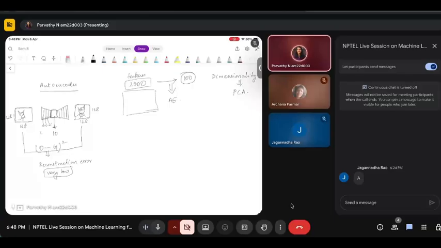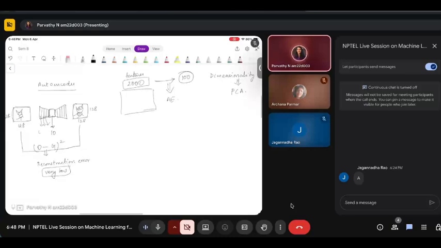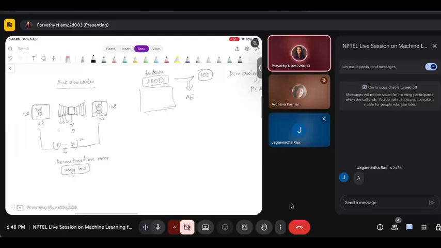Now, what do we achieve by just reconstructing the image? Here we started with a 128 by 128 image, and then we passed it through many convolutional, pooling, and other layers. Finally, we reach a middle layer. This is called a latent space or a bottleneck.